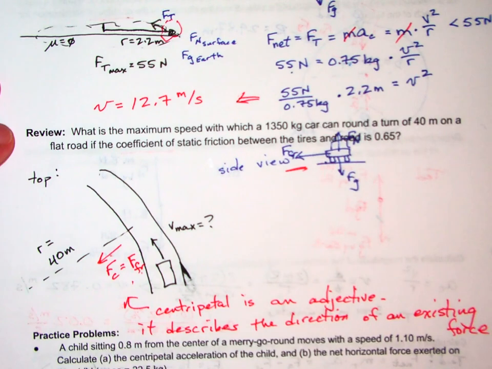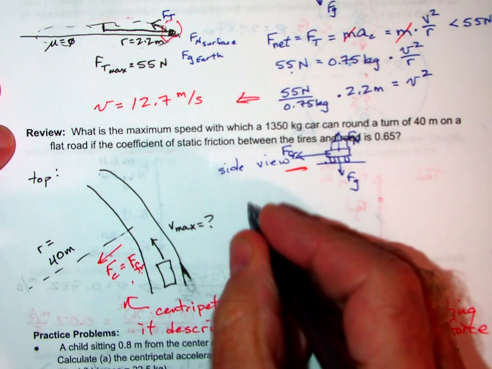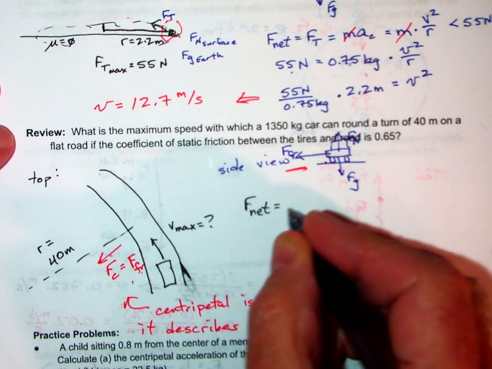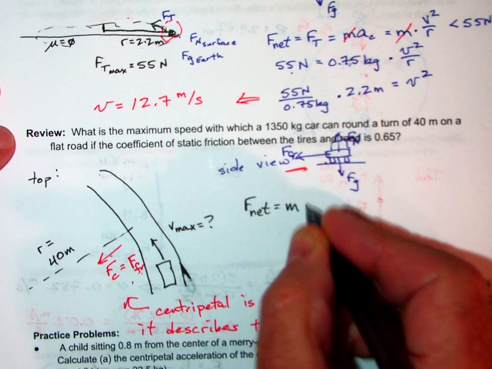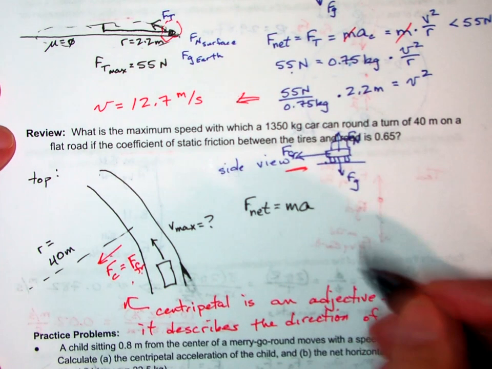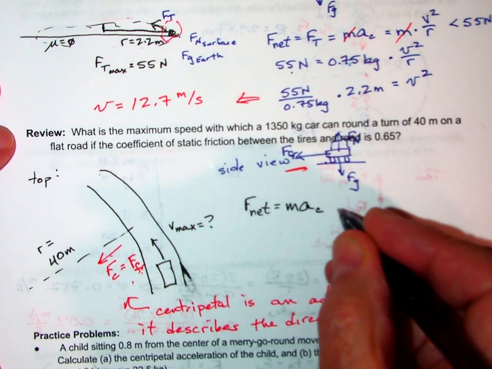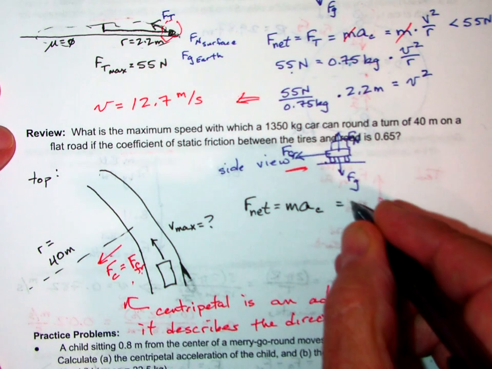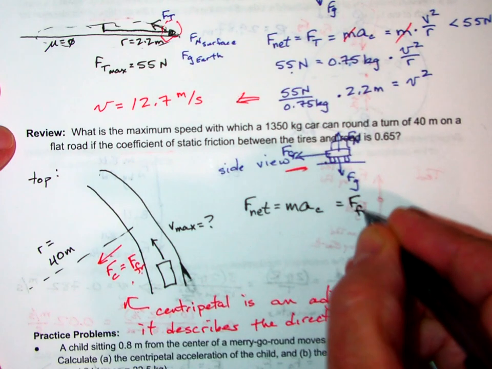Okay, so for this problem then, F net of this car is equal to mass times the acceleration. And again, given that the acceleration is centripetal, I will note that with a subscript C, and that force is equal to friction force.